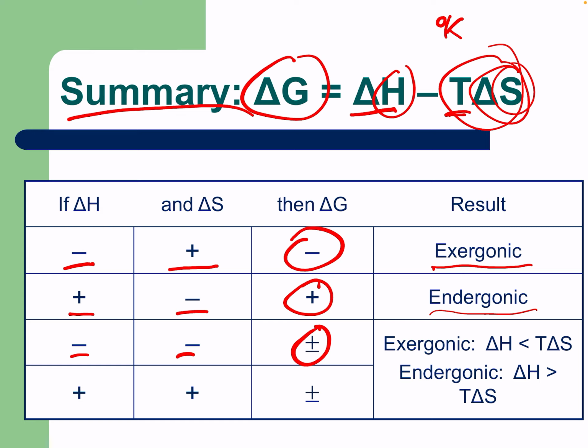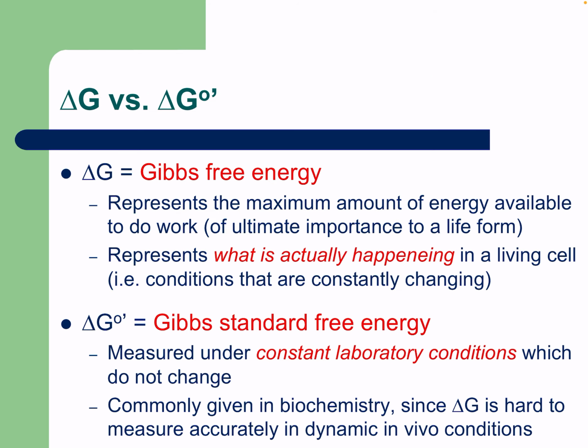It's exergonic if change of H is less than temperature times change of entropy. Whereas it's endergonic if this is greater than that. So keep that in mind.